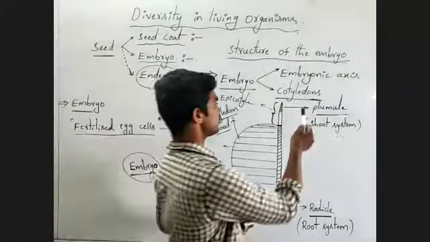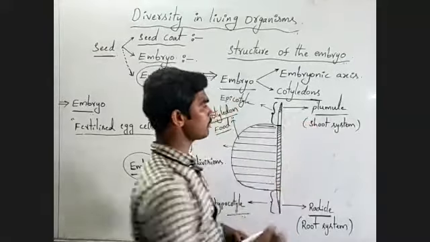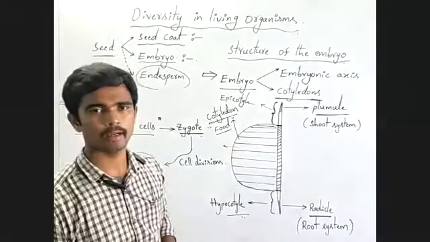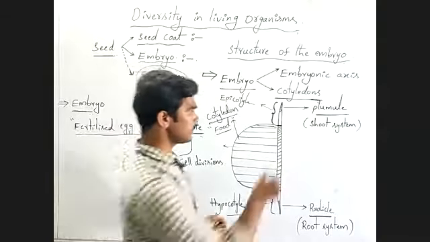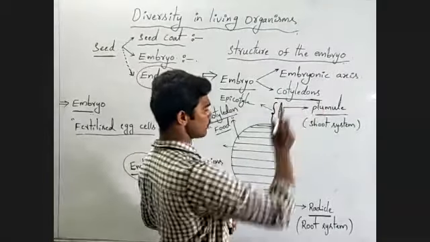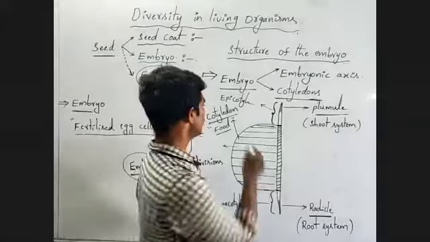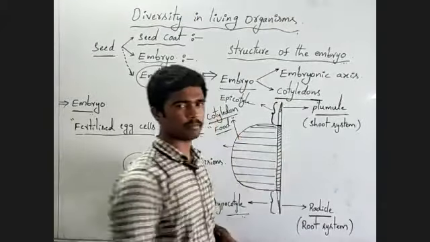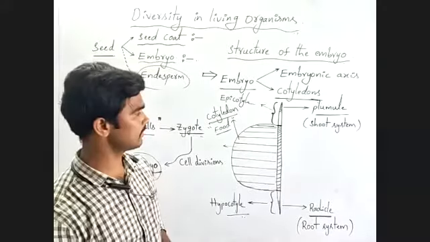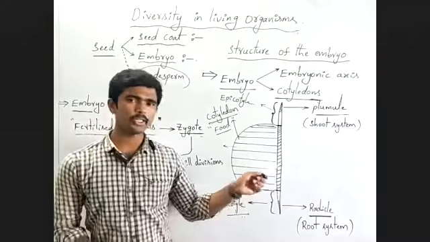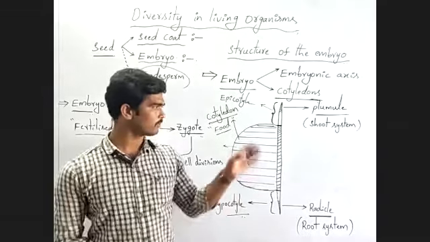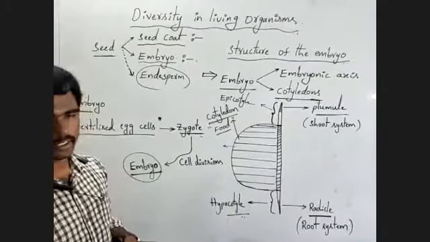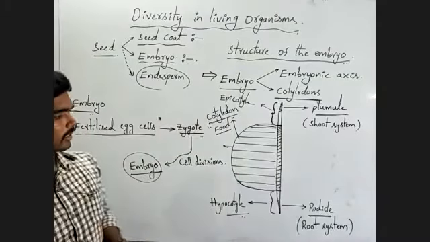After some time, leaves are developed from the plumule. Till leaves are produced from the plumule, cotyledons supply the ready-made food to the embryonic axis. This is the function of the cotyledon. Are you understanding? Observe.